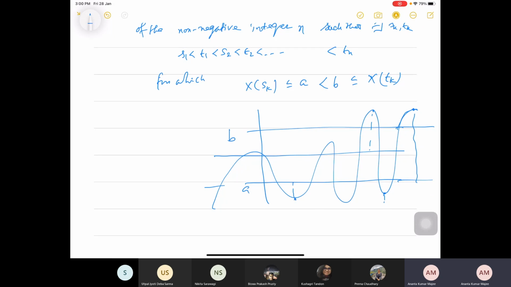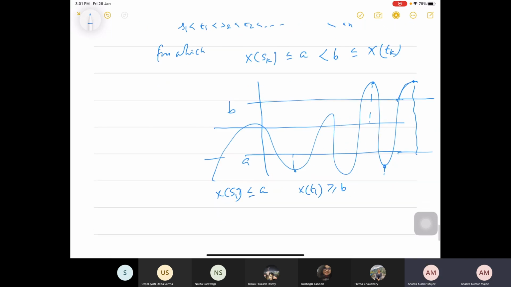If I denote this s_1, the value X(s_1) is less than or equal to a, and suppose this one is t_1, so X(t_1) is greater than or equal to b.